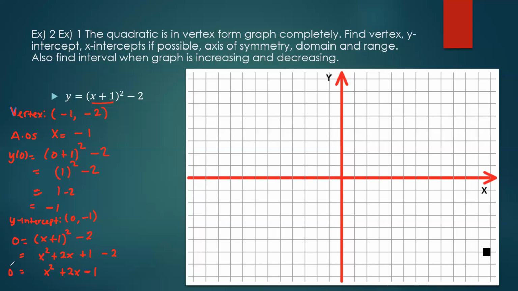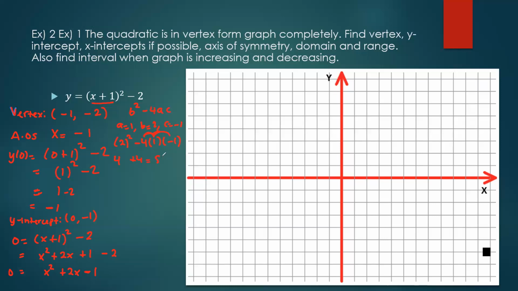Now let's do the discriminant rule. It's b squared minus 4ac. Our a is 1, b is 2, c is -1. So b squared is 2 squared, minus 4 times 1 times -1. 2 squared is 4. -4 times 1 times -1 is +4.